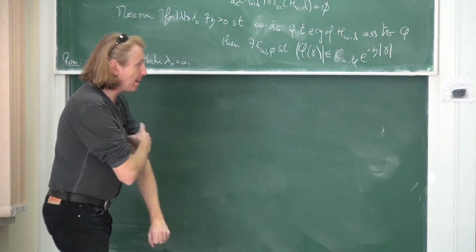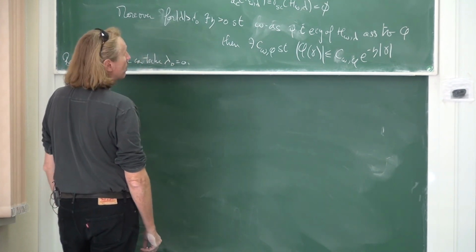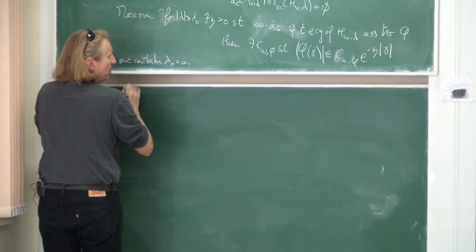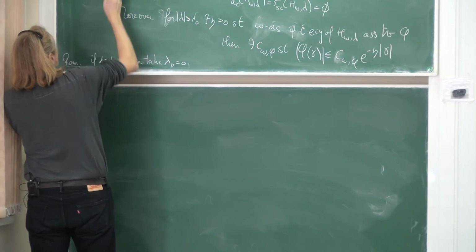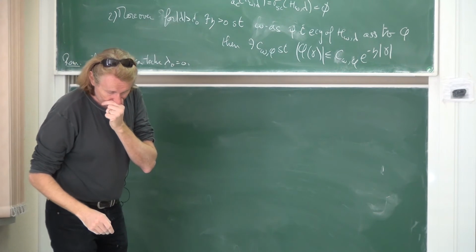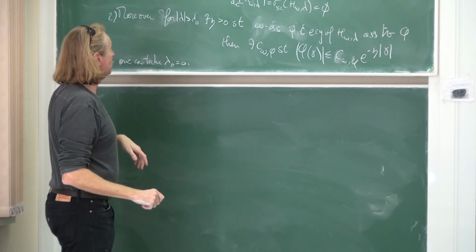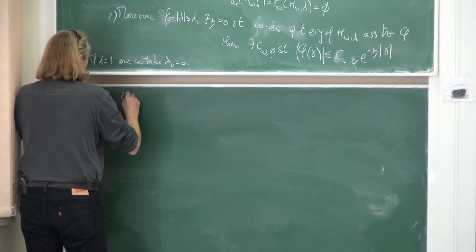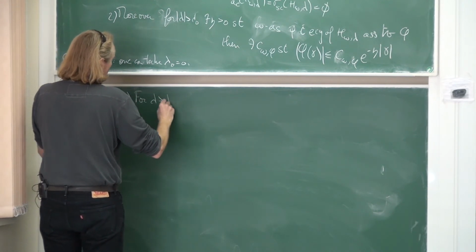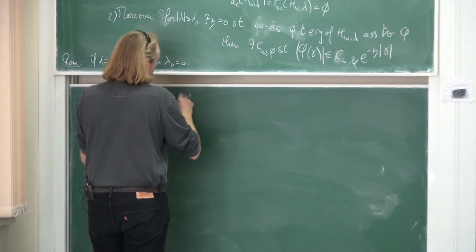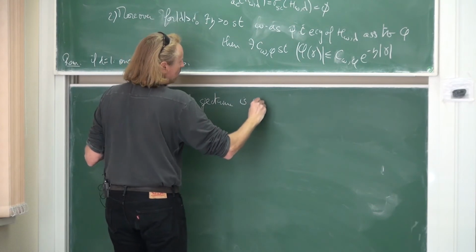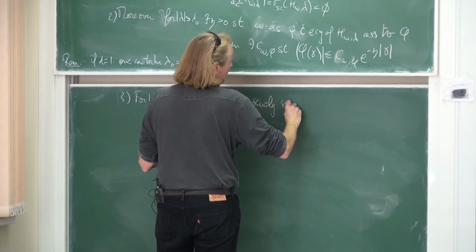The second theorem I'm going to give, so this is Theorem 1. Actually, I will add one more part. So 1, you have this. 2: moreover, for λ larger than λ₀, the spectrum is almost surely simple.